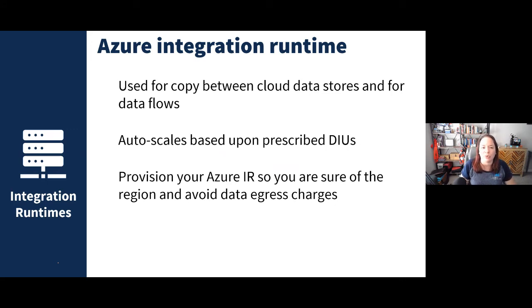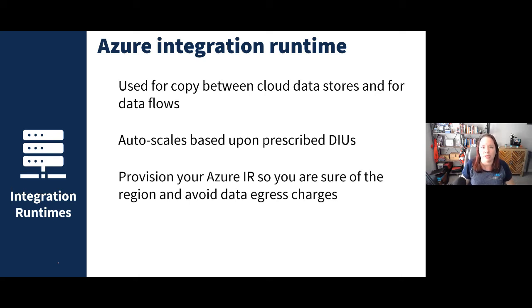There are two kinds of Azure integration runtimes. There's a default, and you'll see it labeled auto resolve, but you can also provision an Azure integration runtime. And I recommend that because when you provision it, you can tell it the exact region to put it in. So if you have regulatory things that say your data cannot leave this region, you've got it covered, but also because it keeps things very clear if there are questions about data egress charges.